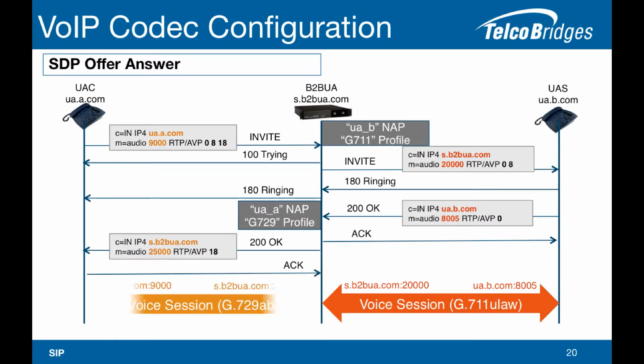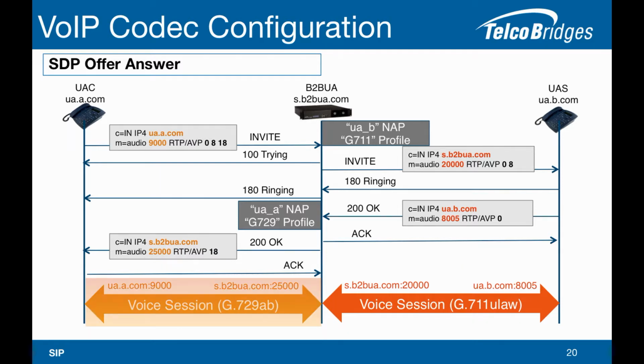The B2BUA modified the SDP, keeping only the common codecs between the received codecs from UA.A and its own UA.A NAP profile, here the G.729 profile. It sends an SDP answer providing its receive information and supported codec PT18 or G.729AB.